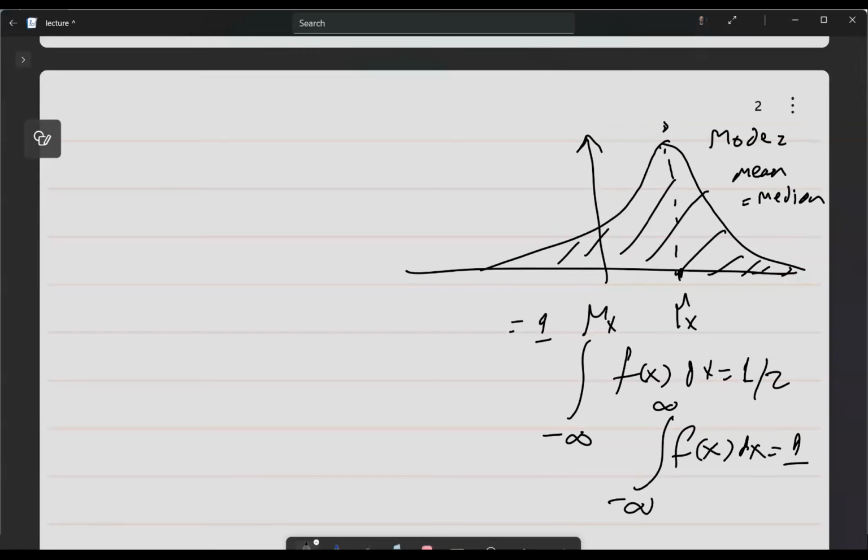Take this as a rule. So the area under the probability density function for any random process or any random variable, the total area is always equal to 1. Okay.